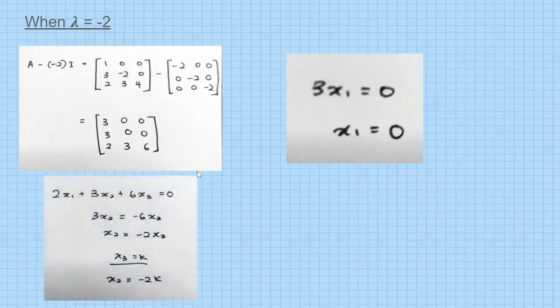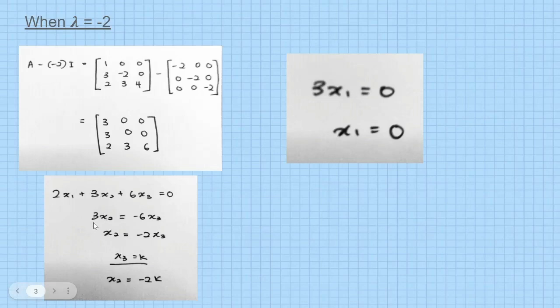For x2 and x3, we need to use the third row of this matrix, which is 2x1 plus 3x2 plus 6x3 equals 0. As we know, the value of x1 is 0, so this term is gone.